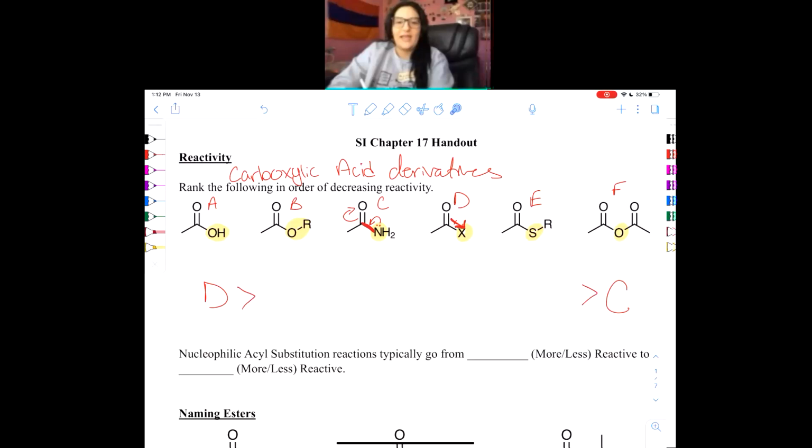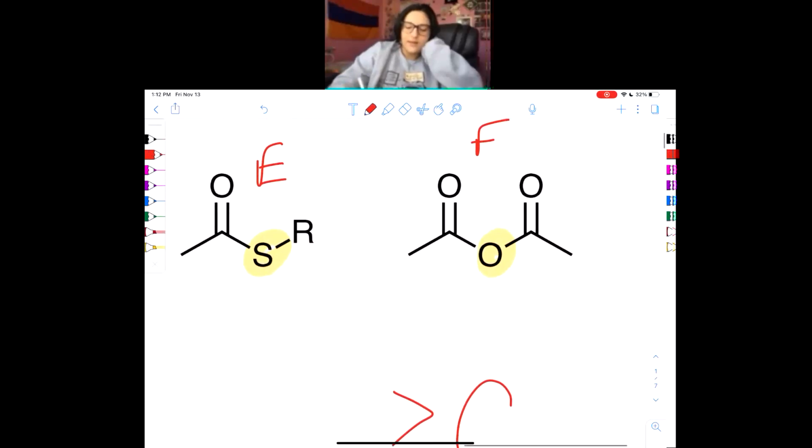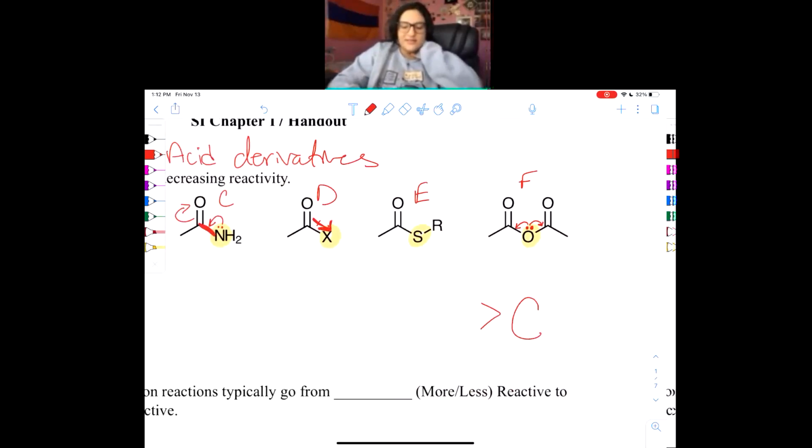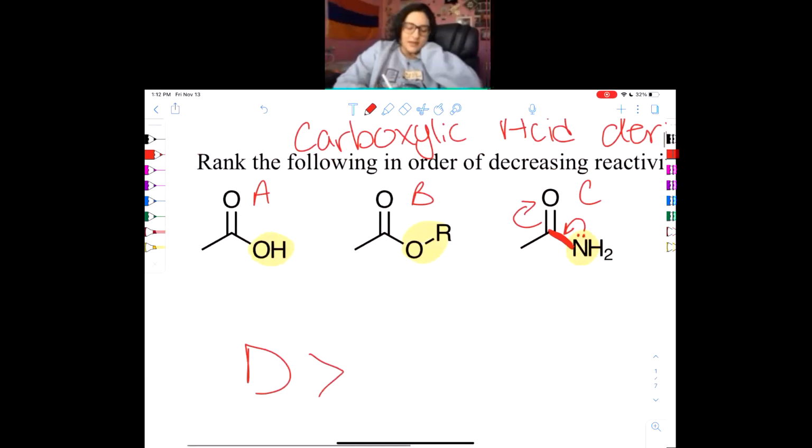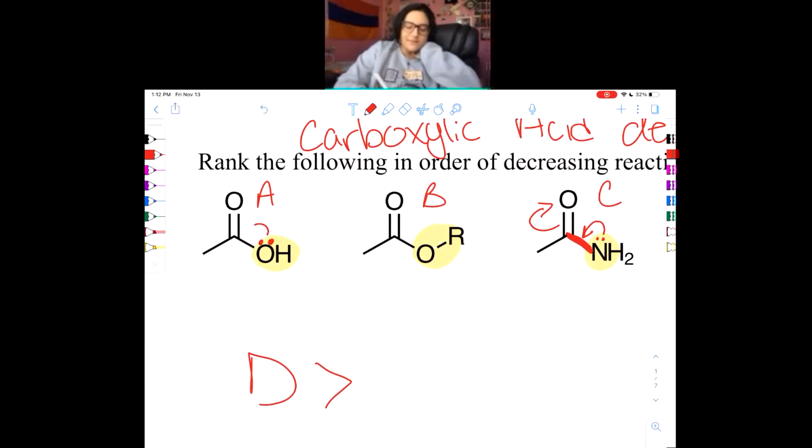So oxygen is going to be the next most reactive. And picking between A, B, and F looks a little bit difficult because they're all pretty similar. But we can see that F has this whole other carbonyl right here. And so this lone pair is essentially going to be going to either side, versus, sorry for zooming in and out so much, for A and B, the lone pair is only going to one of the carbonyls.